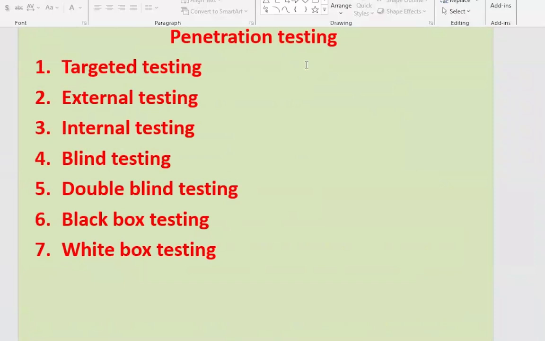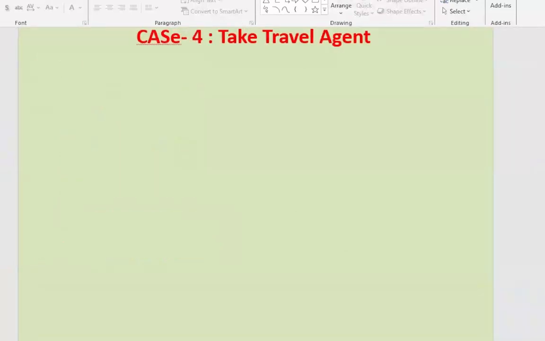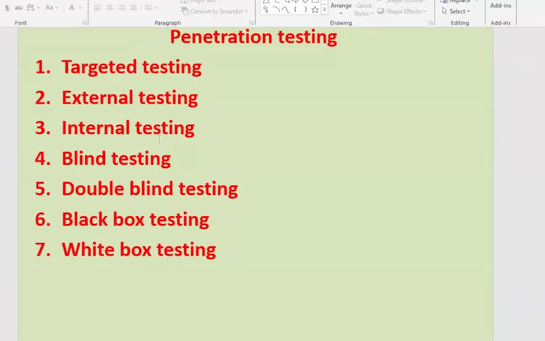These are the categories of penetration testing. So just write your case study here.